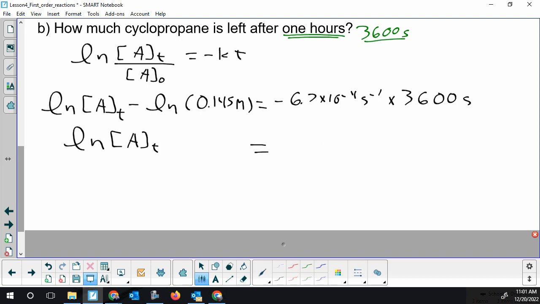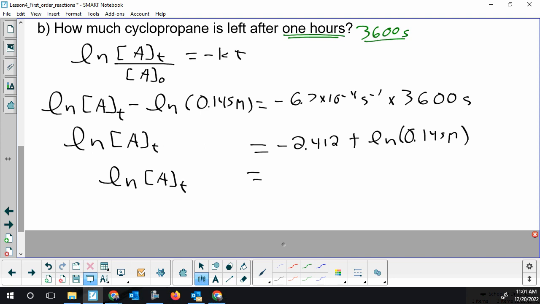So I have minus 2.412 plus what I've brought over. So the natural log of what we want to solve for equals minus 4.343 when I put the two terms together.